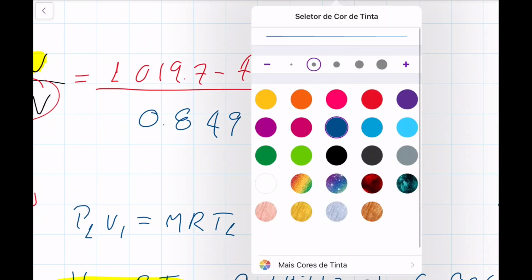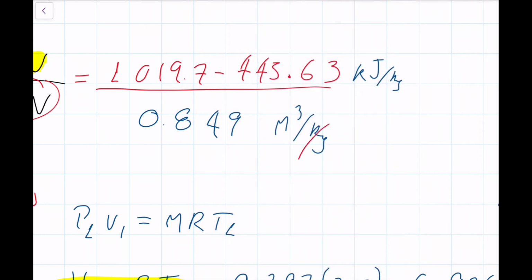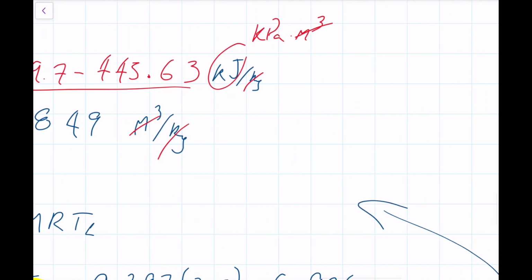So go back here in the red. My kilograms go away. Kilojoules is the same thing as kilopascals times meters cubed. So meters cubed go away, and we're left with kilopascals, right? So our mean effective pressure, I got 675.87.